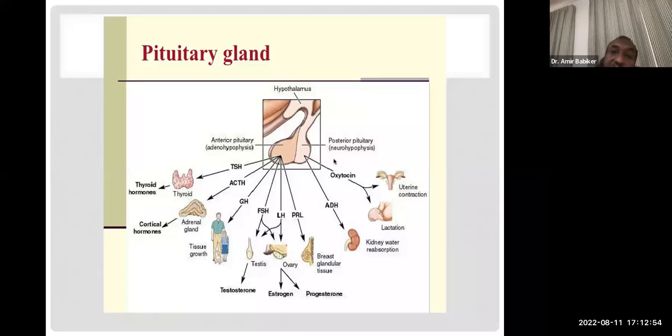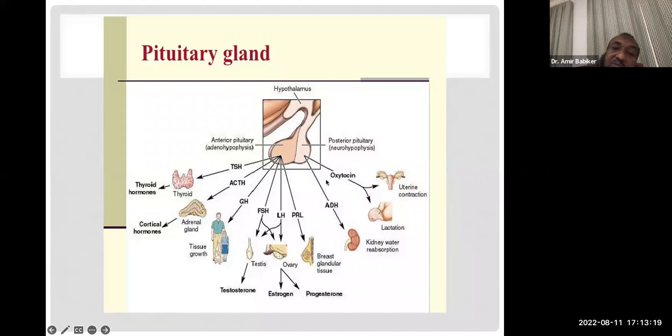So we have the TSH, and above that TRH; ACTH, and above that CRH; the growth hormone, and above that the growth hormone releasing hormone; the gonadotrophins, and on top of that gonadotrophin releasing hormones; and the prolactin, with the prolactin inhibitory factor and prolactin stimulatory factor before that.